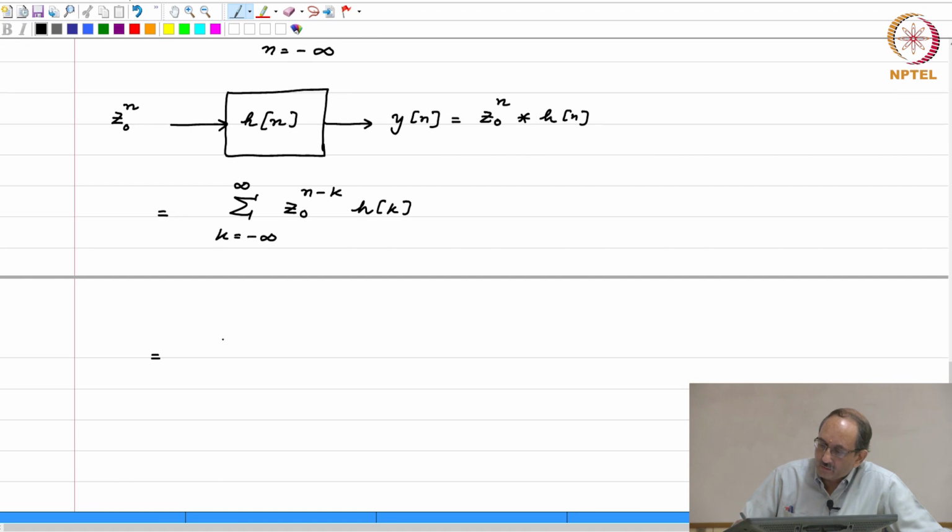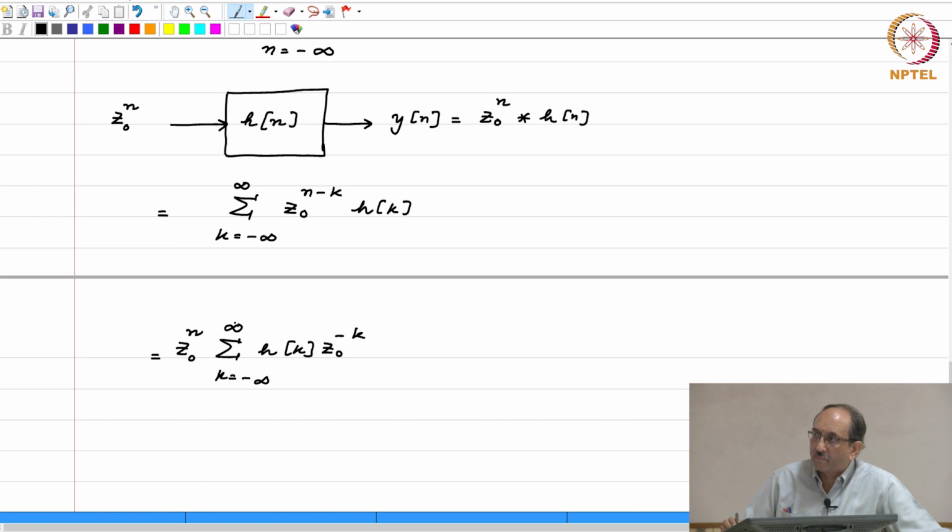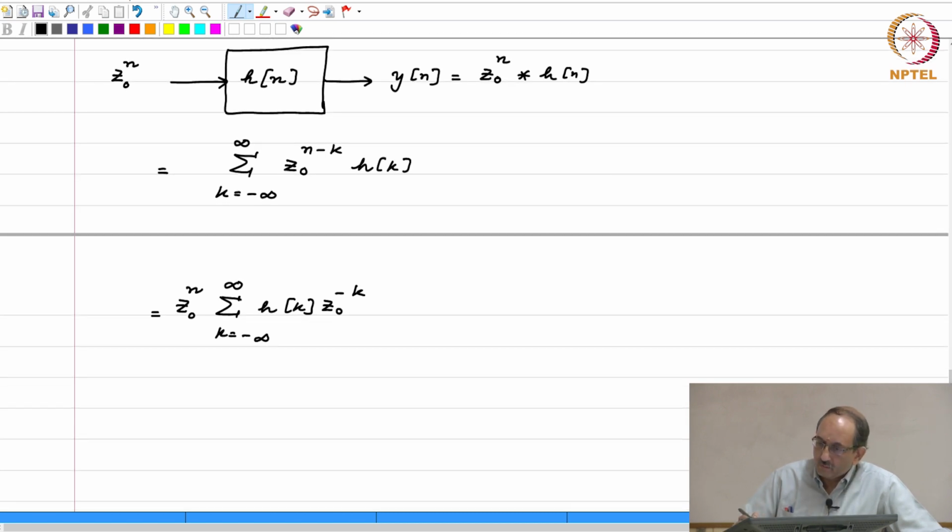And because the summation involves only k, we can take z0 to the n outside. So this is h of k z0 to the minus k summed up over all k. Now when you sum up over all k, this is not going to depend on k. It surely will depend on h, little h.